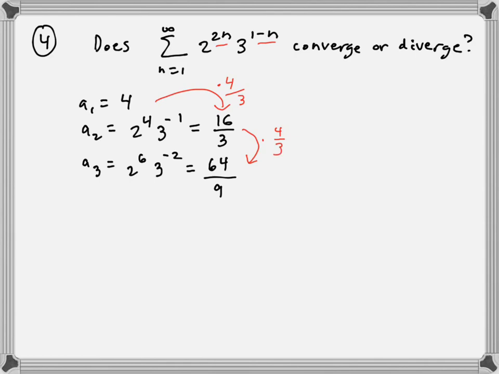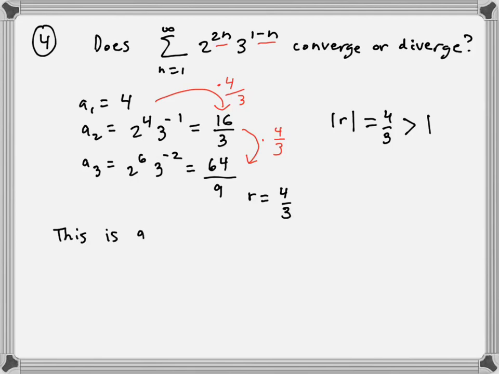Okay? So what does this mean? Well, the absolute value of r, so first of all, r is equal to 4/3. So the absolute value of r is 4/3, which is bigger than 1. What does this mean? Let me be careful here.